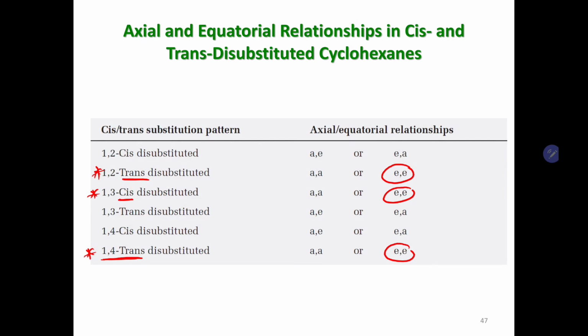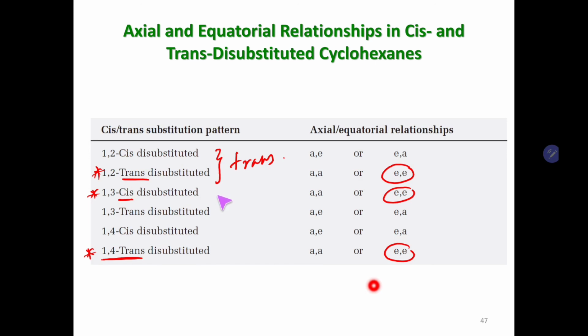Okay, you can try to work it out, but here is the summary of what we learned. So if you have a 1,2 disubstituted cyclohexane, of course the trans isomer is the most stable one. Okay, we worked it out.